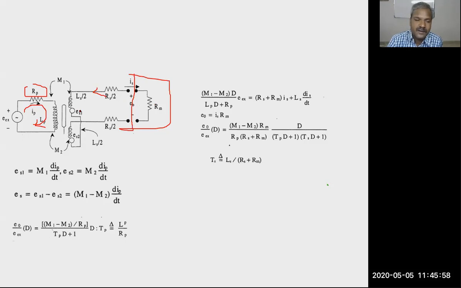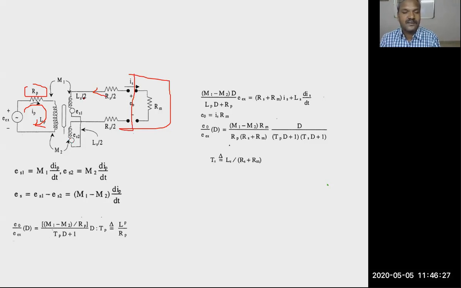First, we write the description for these parameters. Let EX be the primary coil excitation, RP the primary coil resistance, IP the primary current, LP the primary inductance, M1 the mutual inductance between the primary coil and secondary coil 1, M2 the mutual inductance between the primary coil and secondary coil 2.